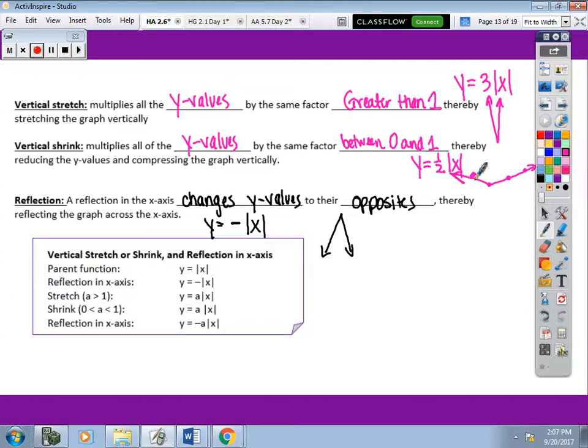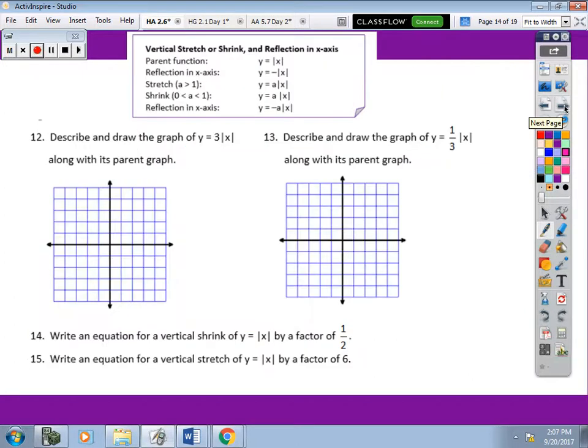All right. So drawing and graphing some of these, again, we're going to skip the parent function. When you describe this, you should say that this is a vertical stretch, of 3 or by a factor of 3.